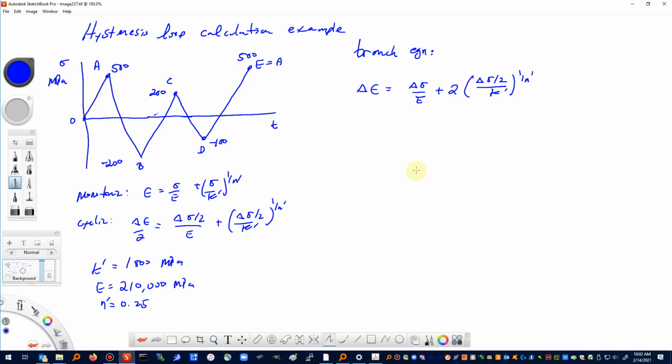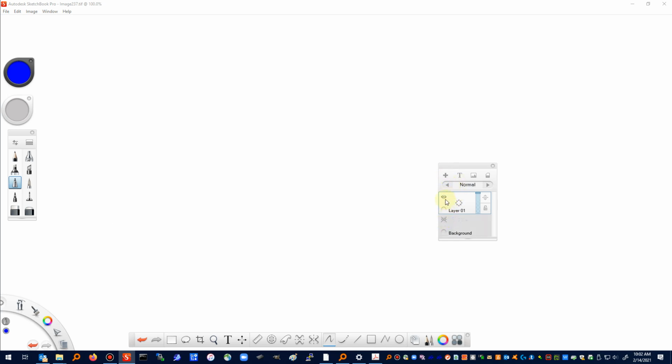Now, let's see, I need to figure out how to do this in this video. I think what I'm going to try to do is add a layer, and I'm going to put our hysteresis branch in this hysteresis plot in this layer.